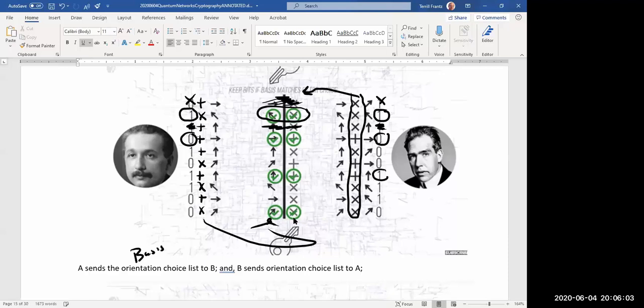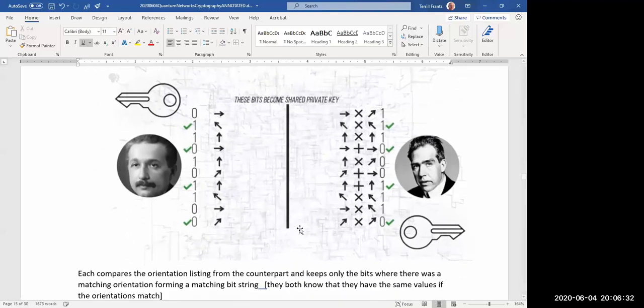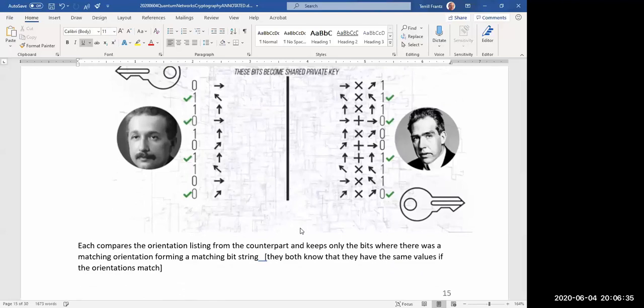So ultimately, when they pair up the choice of basis, they now have matching values. So 1, 0, 1, 0. See that? 1, 0, 1, 0. Without sharing the values, all that's transpired is they've identified the shared bases.